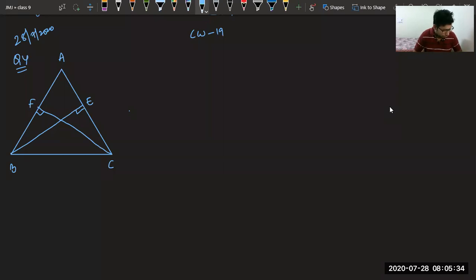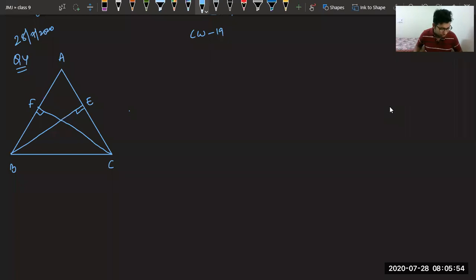They are saying altitudes BE and CF to sides AC and AB are equal. That means, please tell me all of you, which two things are equal, AB and AC or BE and CF? Please confirm. You have to read properly.